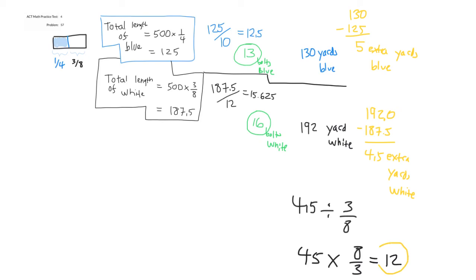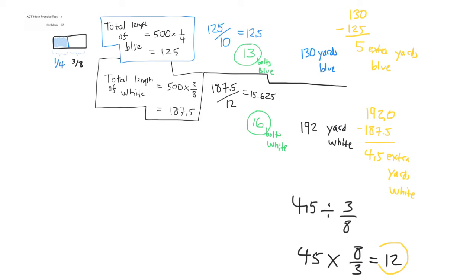So we can fit 12 of these white blocks, each of which is 3/8 yards, within the 4.5 extra yards of white material.